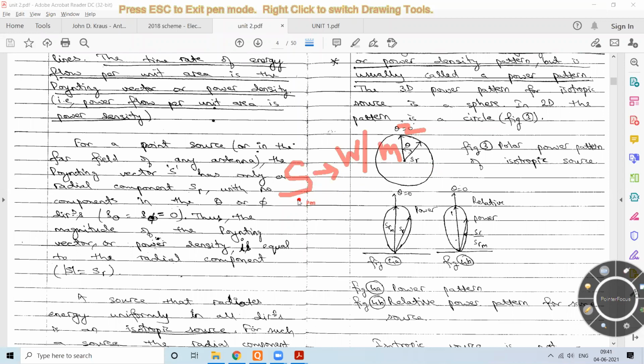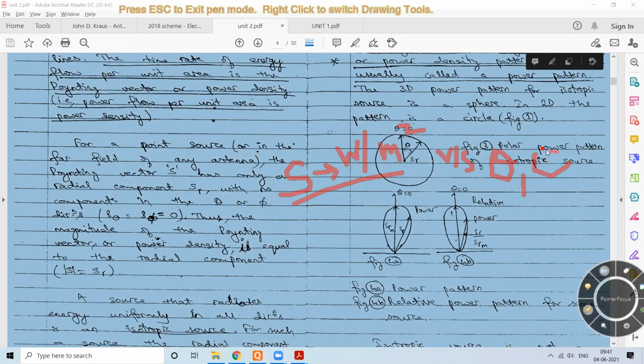If I don't change these values and directly take the watt per meter square values and plot them against theta and phi components, that plot is called the absolute power pattern.